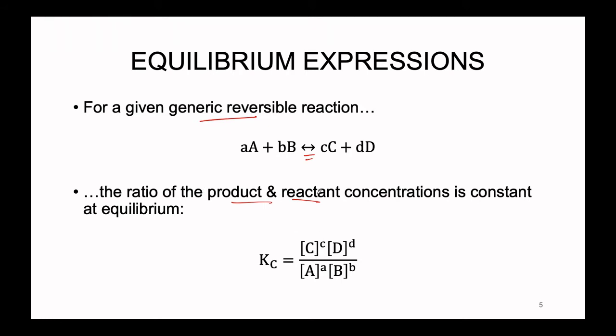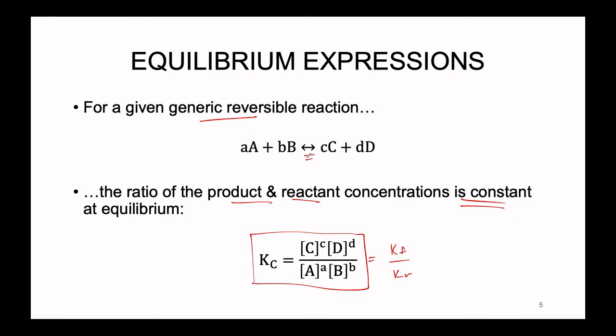The ratio of the product and reactant concentrations is constant at equilibrium. For the exact reasons that we just stated, this ratio of concentration of product divided by concentration of reactant will be equal to the Kf divided by Kr, meaning that if we're looking at the same temperature and haven't changed the activation energy at all, this ratio will be constant and can be represented by this capital Kc for this reaction always.